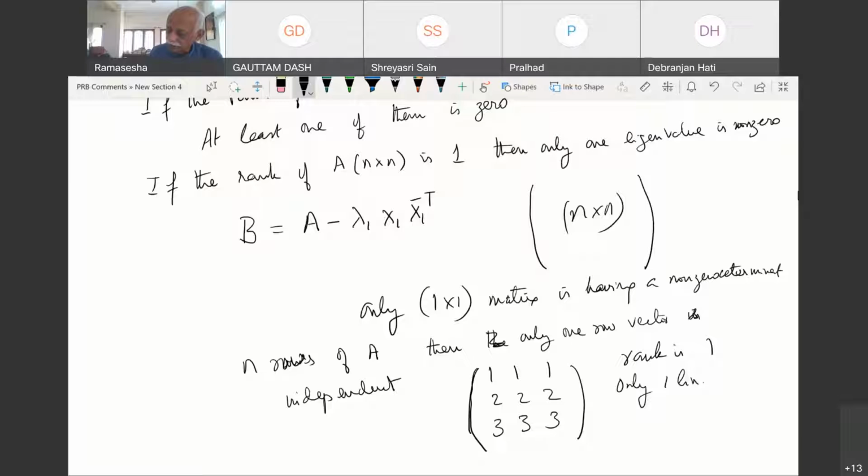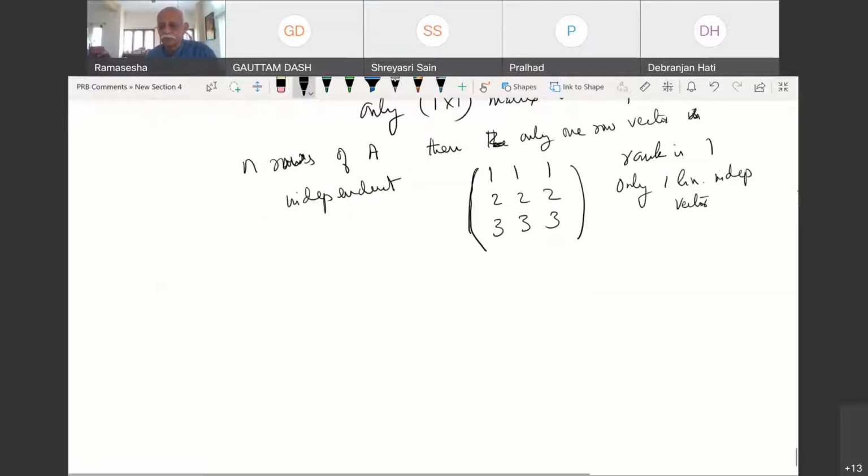So when you have an n by n matrix, if you are having only one non-zero eigenvalue, it means that all the rows are linearly dependent, which means the n minus 1 eigenvalues are 0. So if it has to be rank 1, then n minus 1 eigenvalues must be 0.